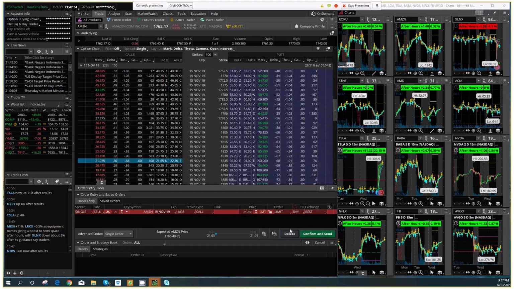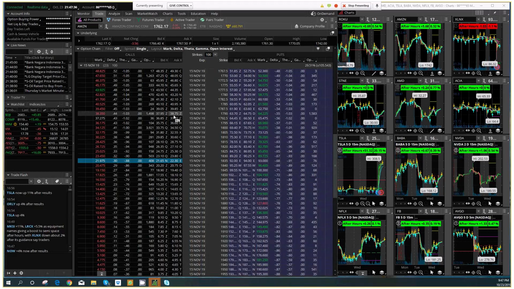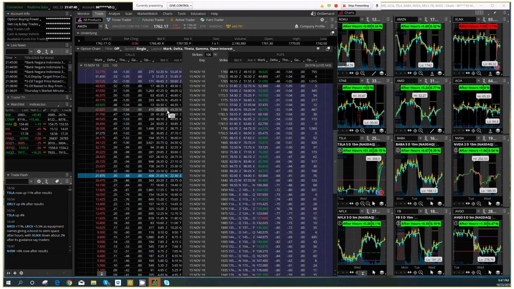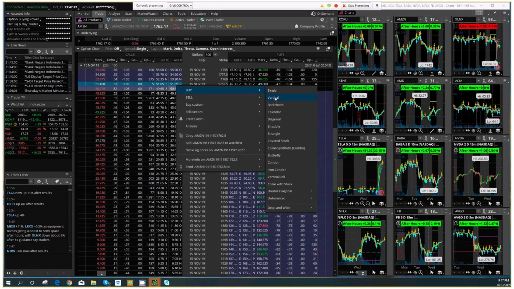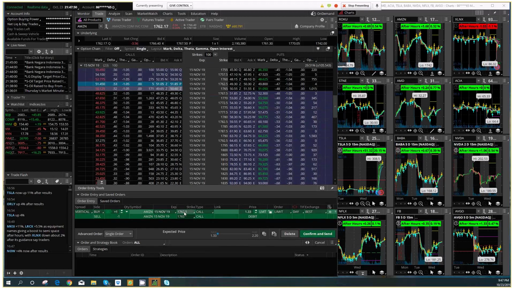So I would buy a 1762 and sell a 1835. In our platform here on Thinkorswim, we can enter it like this also. Just FYI, you click the right button, you push buy, and this is a vertical. You buy a vertical, 1762, and you sell at 1835 in this example, and you pay about $29.50 roughly for it, and that is your call spread.